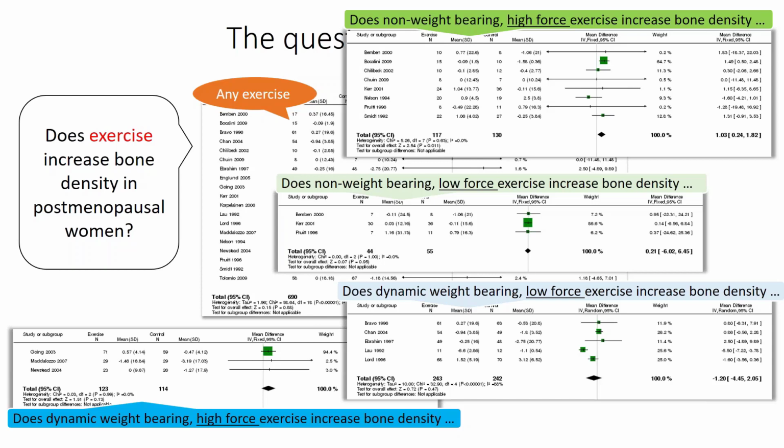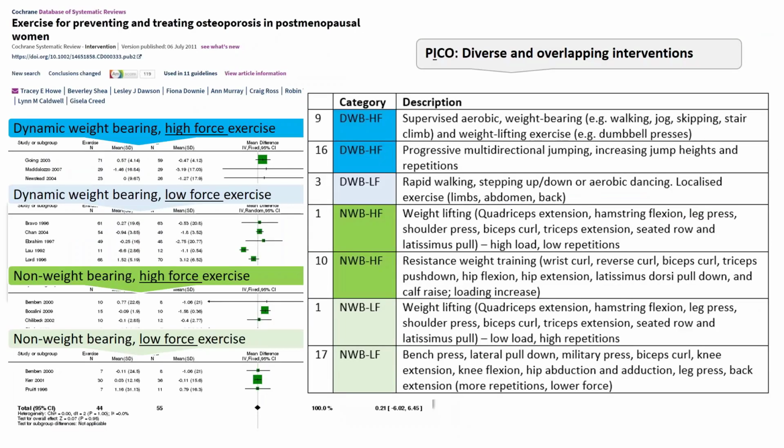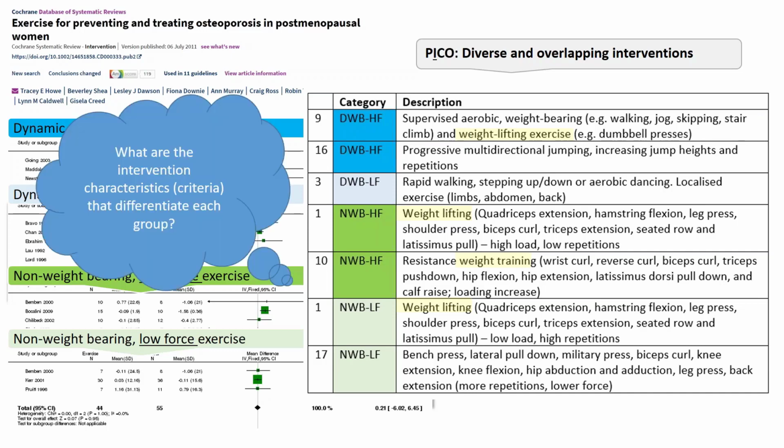Looking in more detail at the studies, what we see is that those 4 categories of exercise include diverse and overlapping interventions. For example, weightlifting appears in 3 out of the 4 categories of intervention. And this raises the question of what are the intervention characteristics or the criteria that differentiate each of these groups.